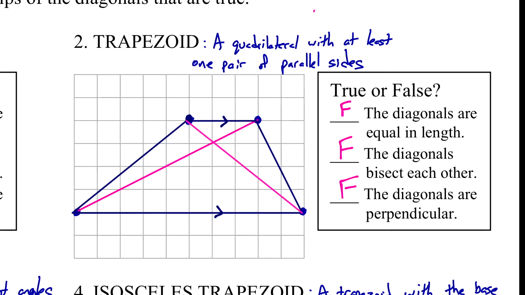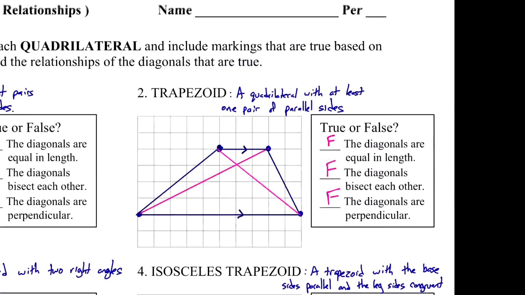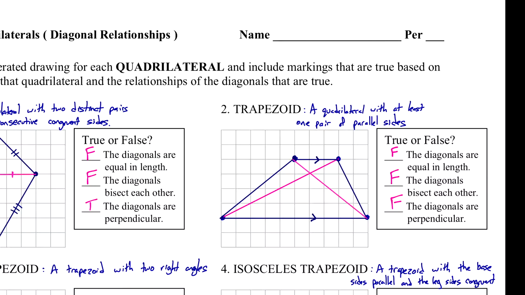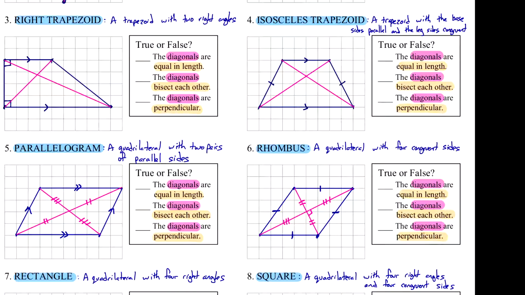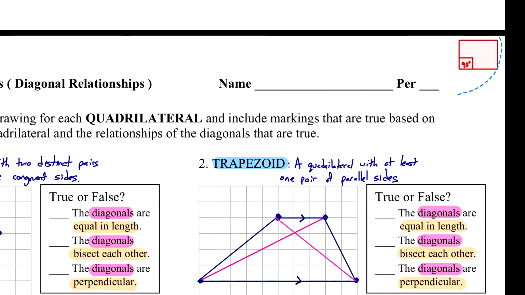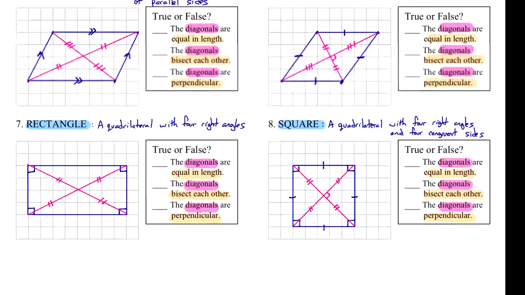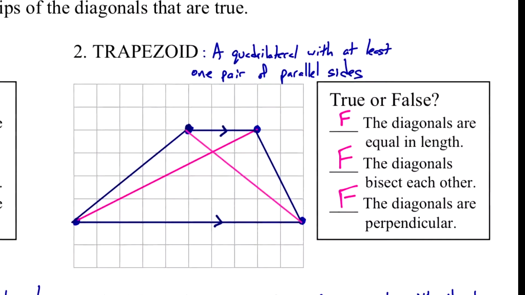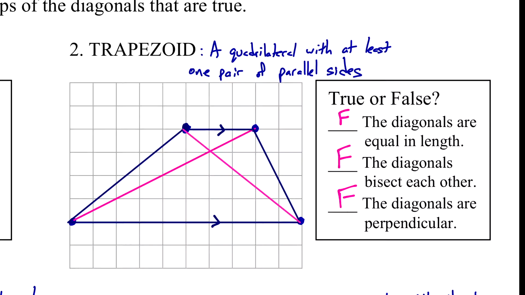So the best way to check to see if they are perpendicular, let me find, I have a little square somewhere. Let me copy this one. All right, so the best way to tell if something is perpendicular is to use a shape that you know has a right angle, like a rectangle or a square. So if I put this 90-degree angle in that intersection, you should notice it's not 90 degrees, right?